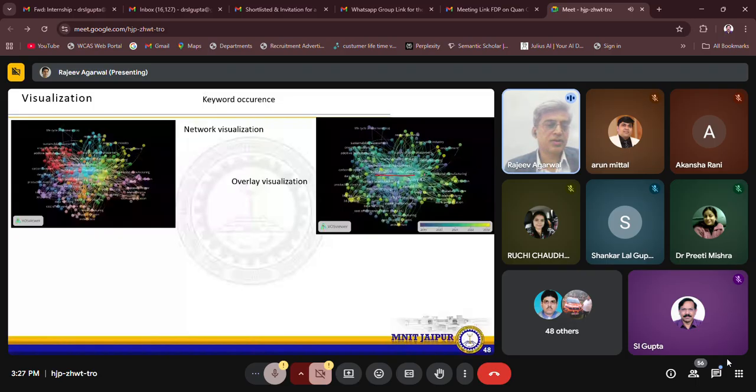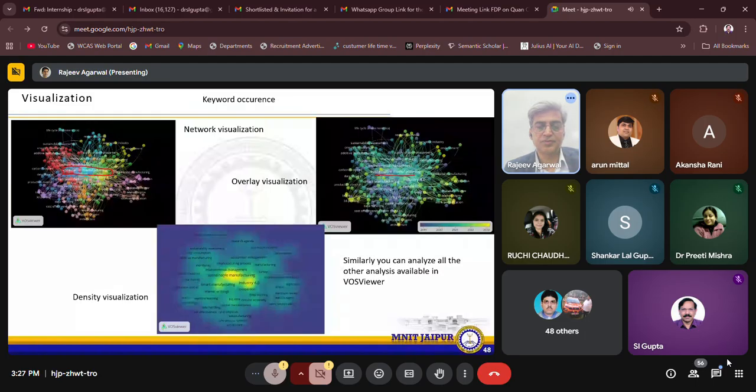So sustainable manufacturing comes in the main picture. Here also sustainable manufacturing, Industry 4.0. Here you can see the rest are cyber-physical architecture, traditional manufacturing, and so on.